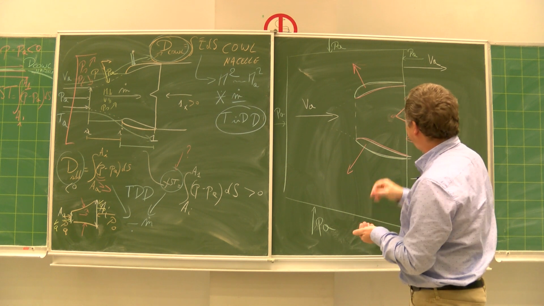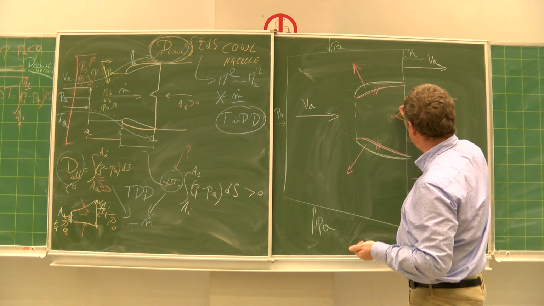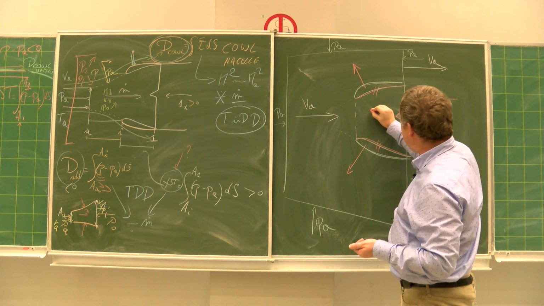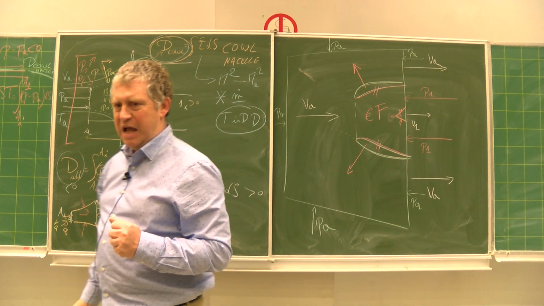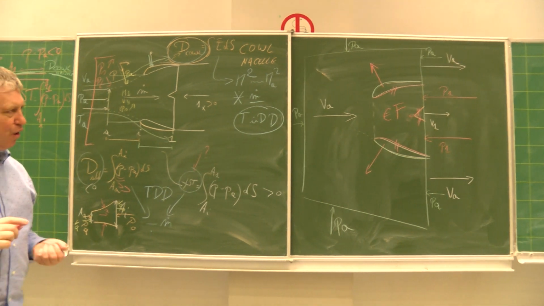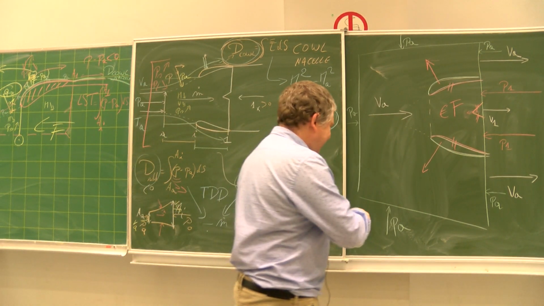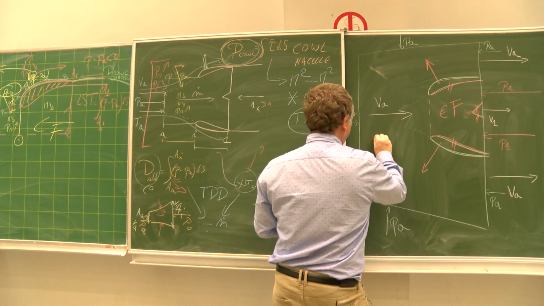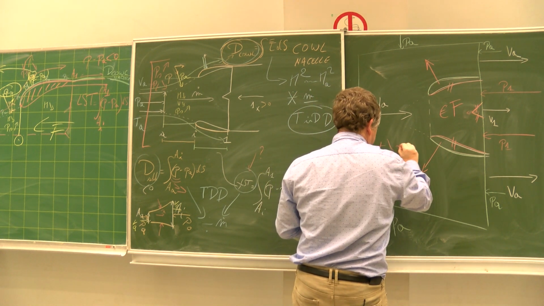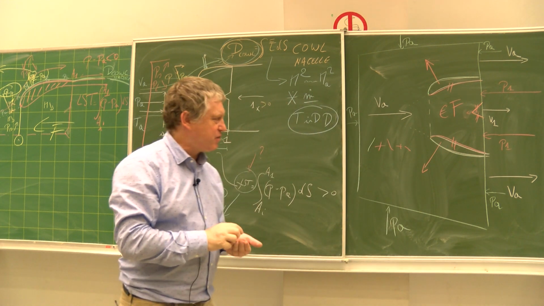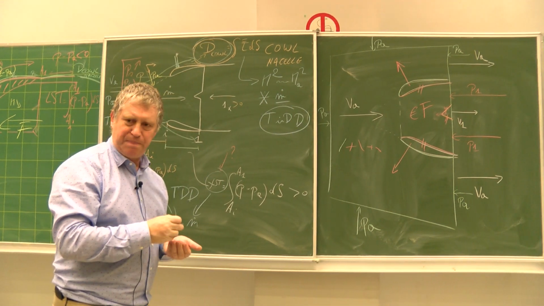And the red forces that I have shown here, they are already included in the thrust. So you have computed a force that contains the green one plus the red one, and there are two red ones, because there is a very small one due to the spinner.